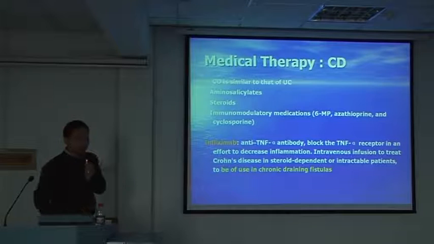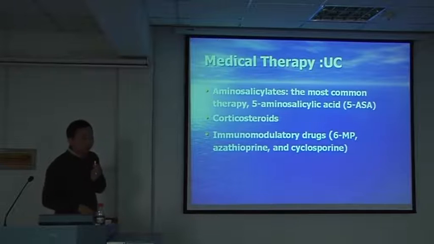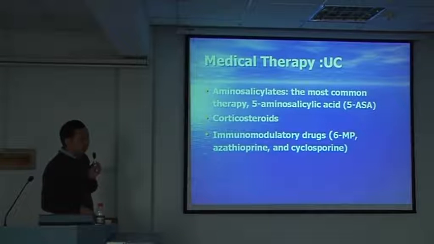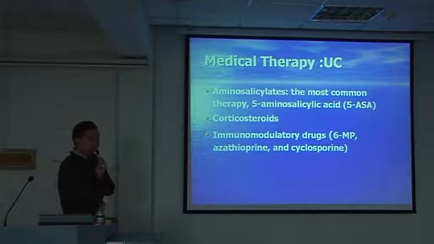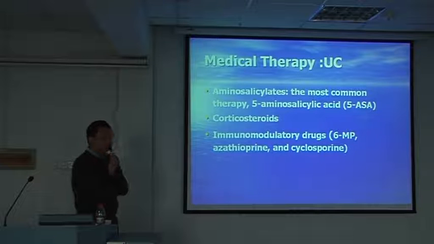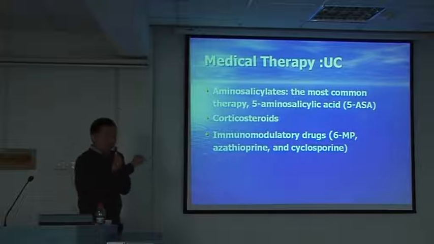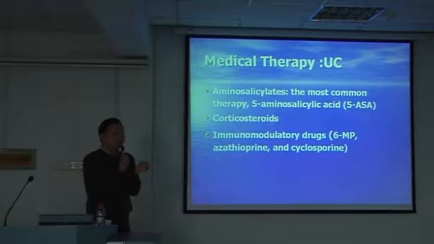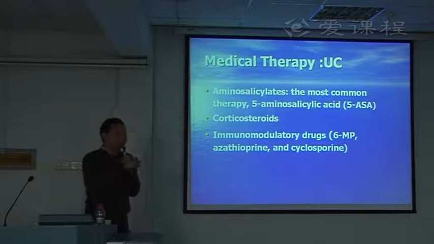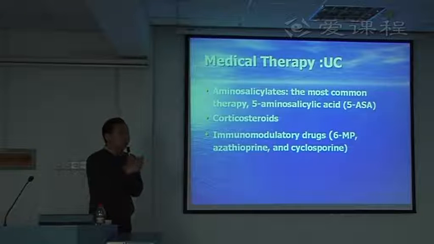So these treatments are based on what? For example, immunomodulatory drugs. Why do we prescribe these drugs? They're not immunocompromised. From the etiology, we are unclear, but it should be something related to the immune response.